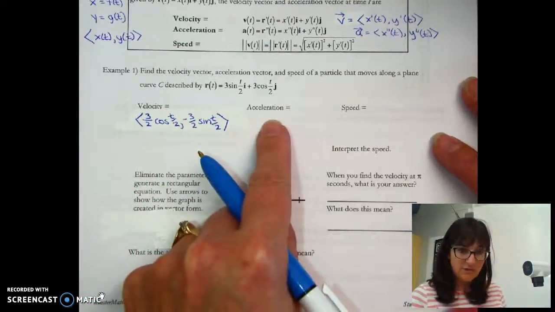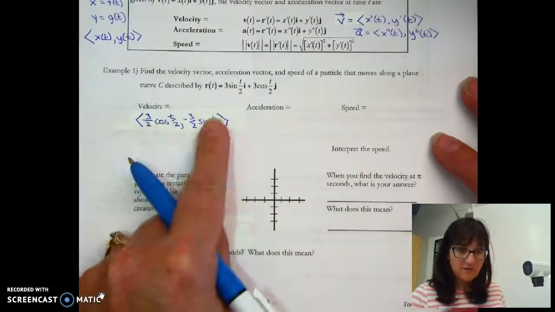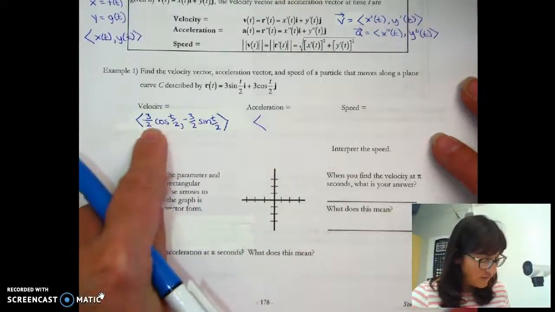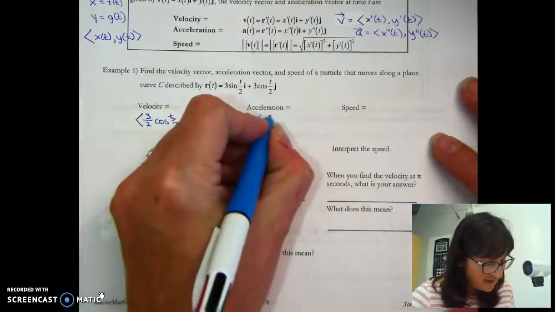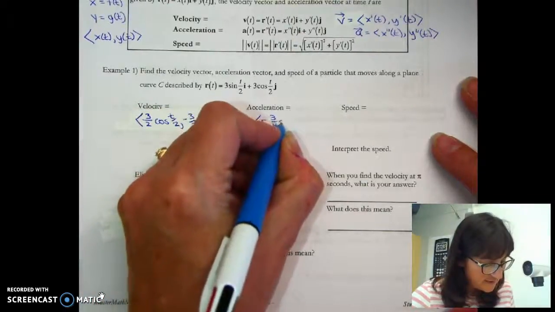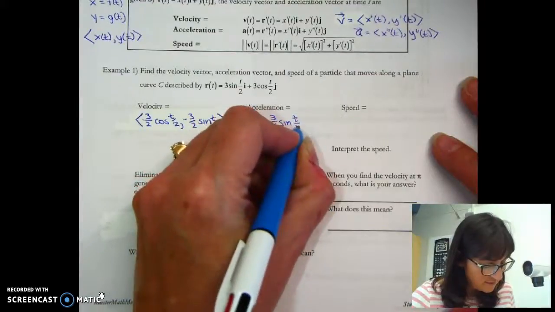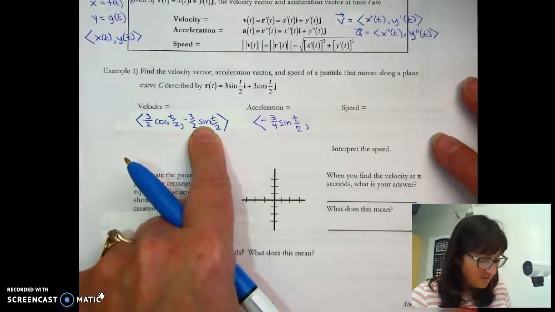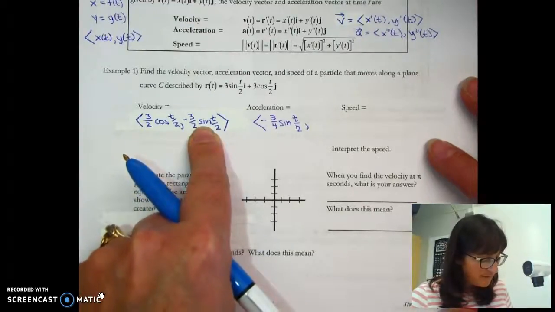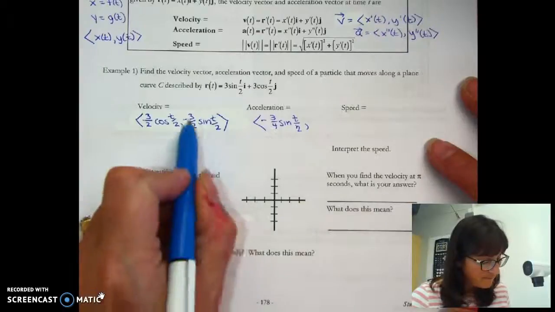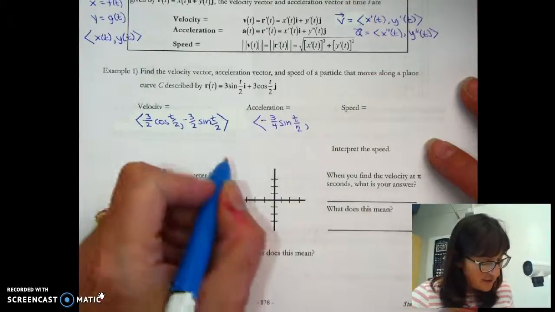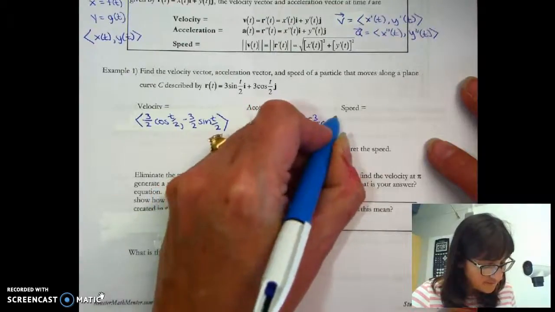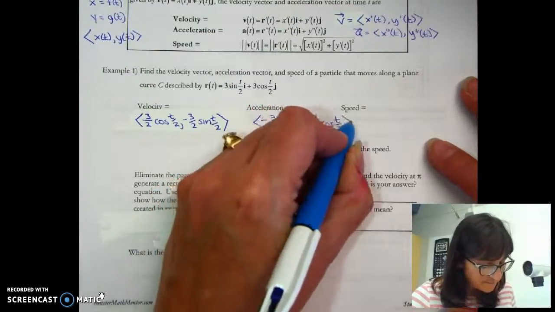To do the acceleration vector, I take the derivative of each component of the velocity vector. So I derive this. That's going to be negative 3/4 sine of t divided by 2. And the derivative of the vertical component of the velocity is negative 3/4 cosine t divided by 2.